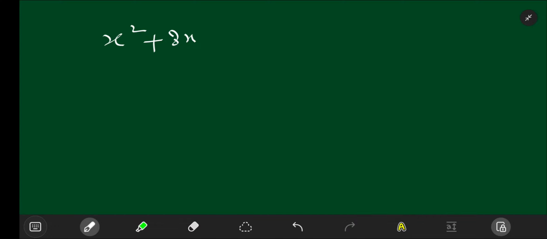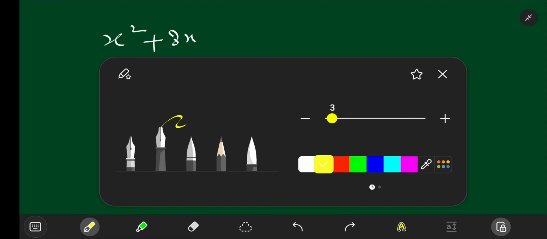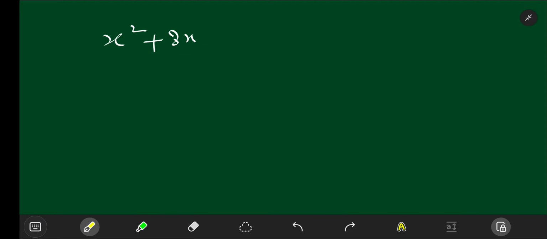First of all, we have to convert this equation into a perfect square. It has two steps. Step by step, just follow with me and you will definitely understand the process.